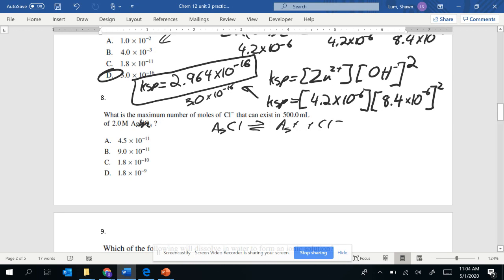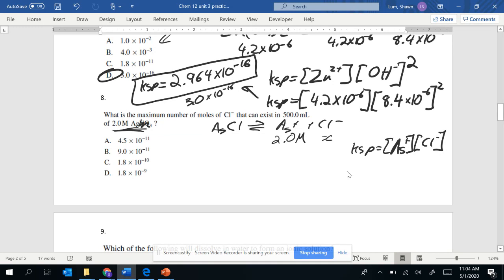Now, the Ag plus concentration came from this AgNO3, and that concentration was 2.0 molar. Okay, and it's saying, well, if this is 2.0 molar, what is the concentration of chlorine, which is X? So if I was to make a Ksp expression, it'd be Ksp equals the concentration of Ag plus times the concentration of Cl minus.